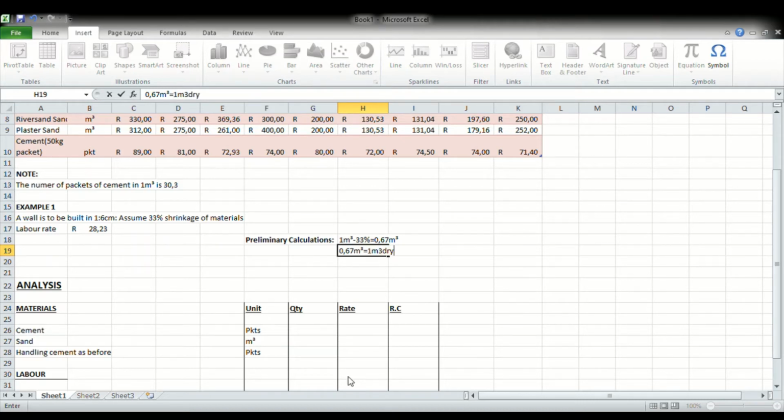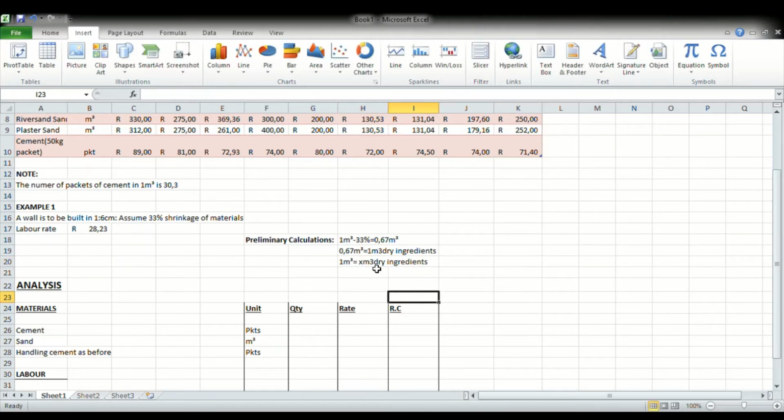Okay, so now 1 cubic meter of wet mortar requires X cubic meters of dry ingredients, X being unknown.